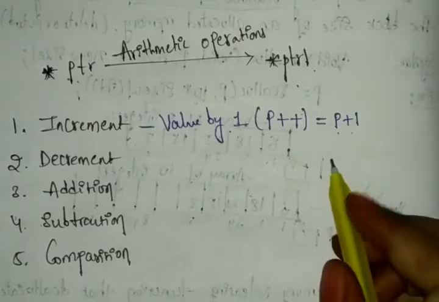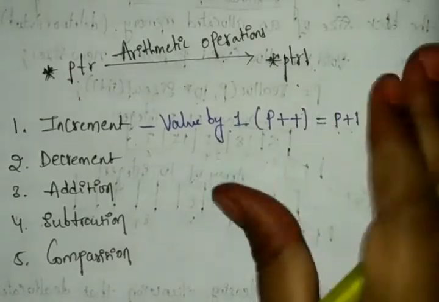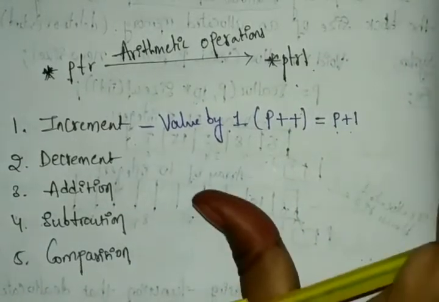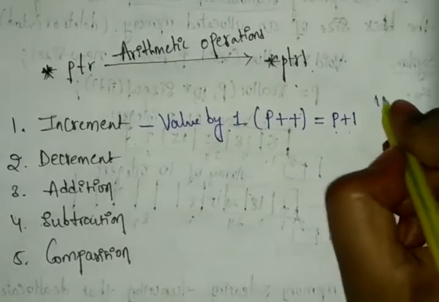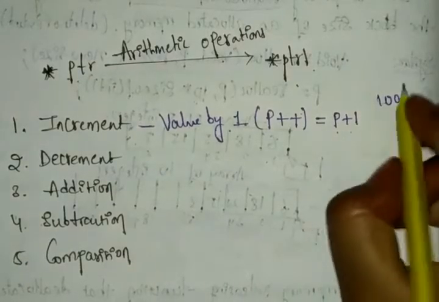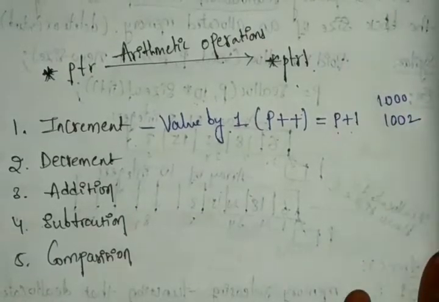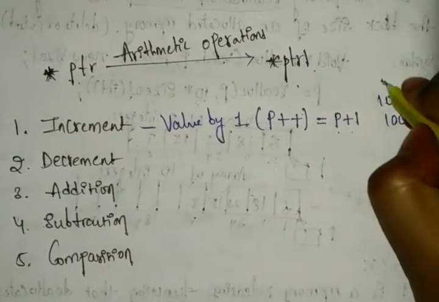So in the 2 bytes of memory here, suppose we have the pointer address 1000. Okay, so now the integer value takes 2 bytes of memory, right? If you're incrementing, the value becomes 1002. That is if you're taking the integer only.